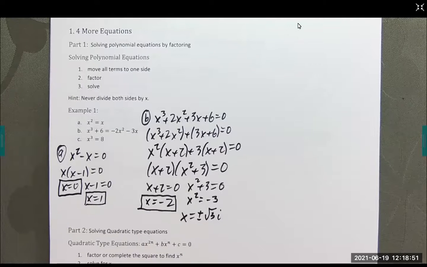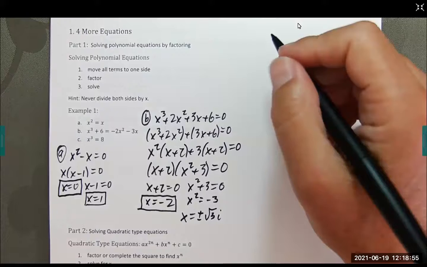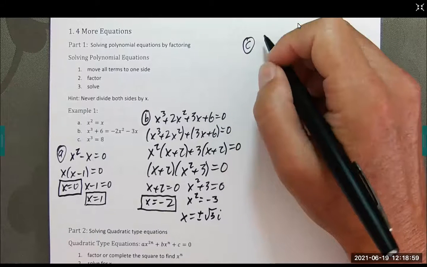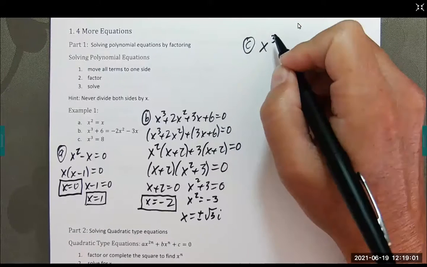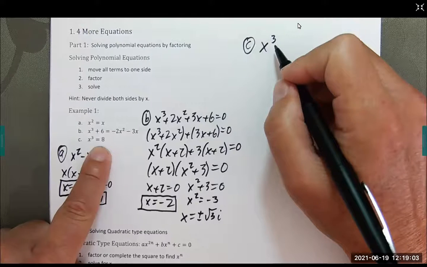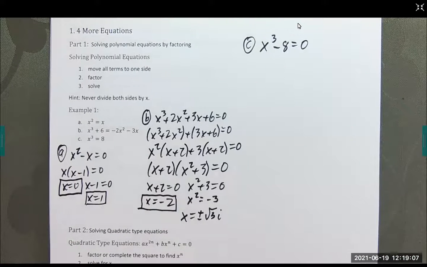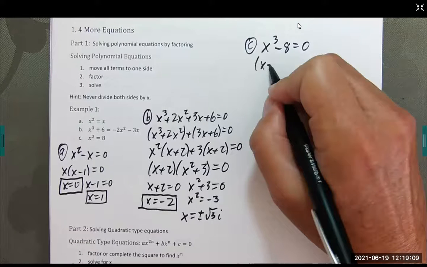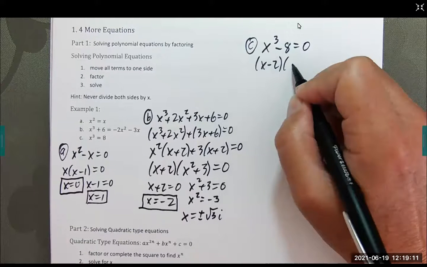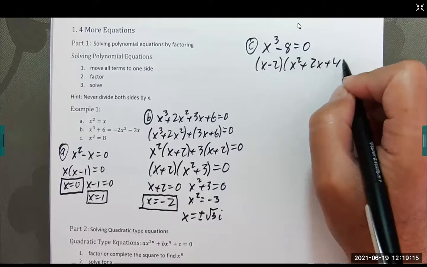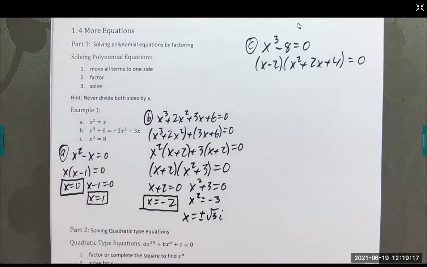Part C is a little more involved. So I'm going to start way up here. So we have x cubed, and I'm going to go ahead and subtract the 8 to the other side. This is a difference of cubes.